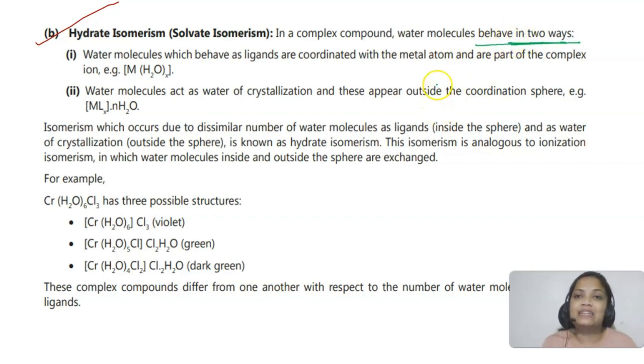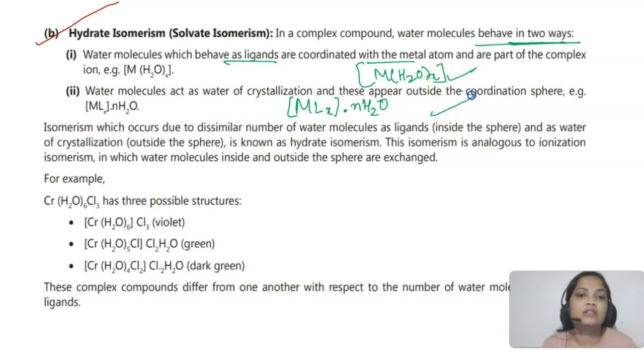Water can act as a ligand and be coordinated with the metal atom, like it is a part of your complex, like this [M(H2O)x]. Or water can act as water of crystallization. If water is acting as water of crystallization, it will be outside the coordination sphere. Let's say there is a certain compound MLx and water here will be acting as the water of crystallization.